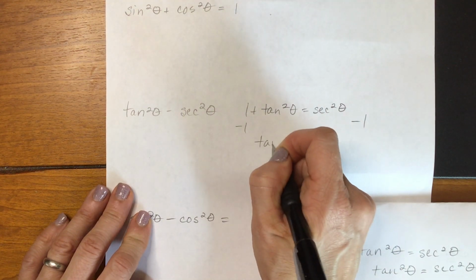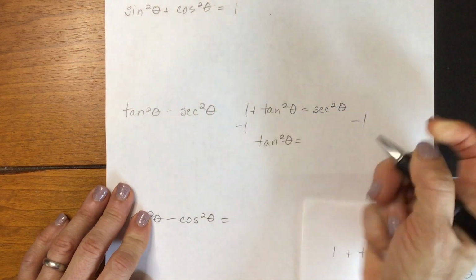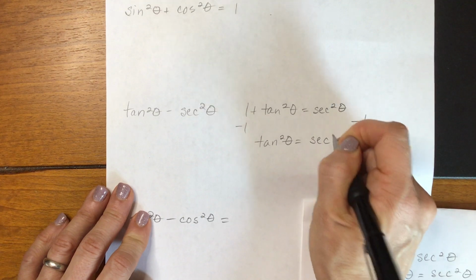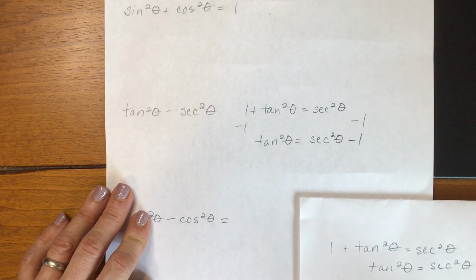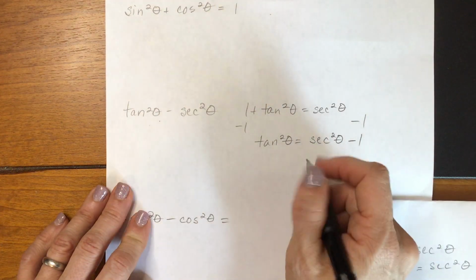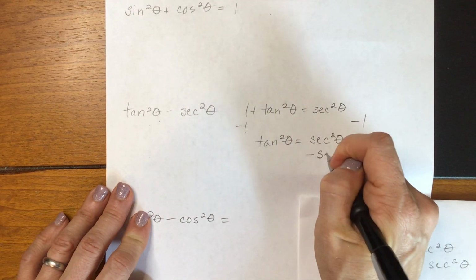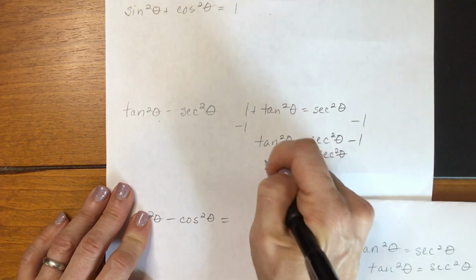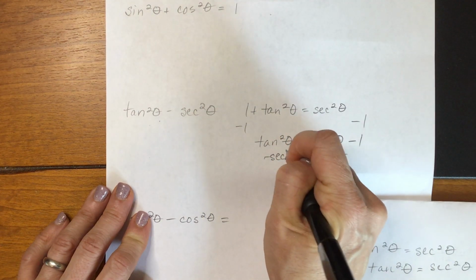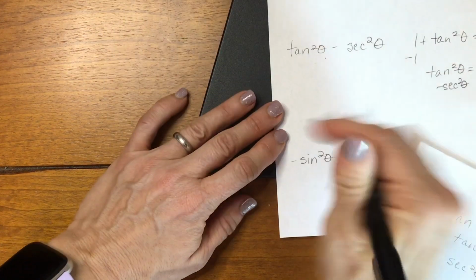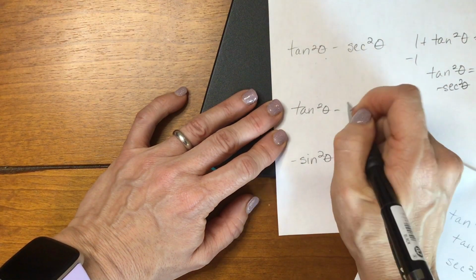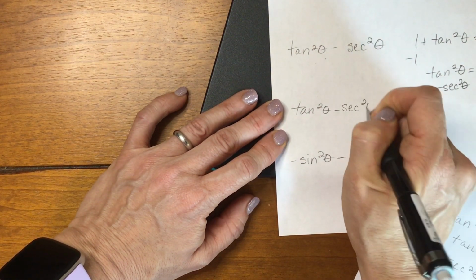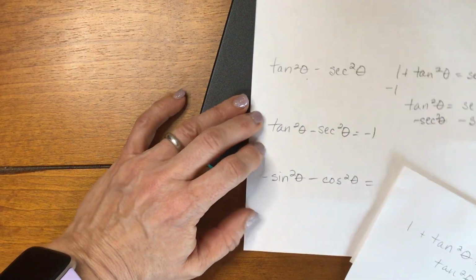I get tangent squared theta is secant squared theta minus 1. And now to get what they want up there, I'm going to subtract secant squared theta from both sides. And so I can see that tangent squared theta minus secant squared theta equals -1.